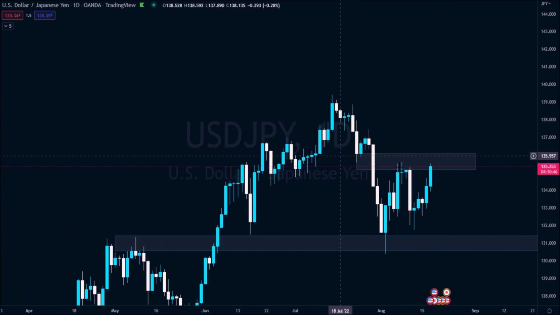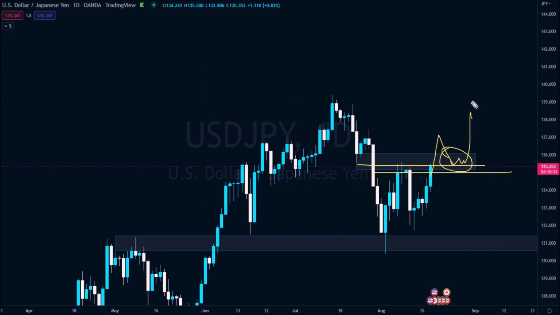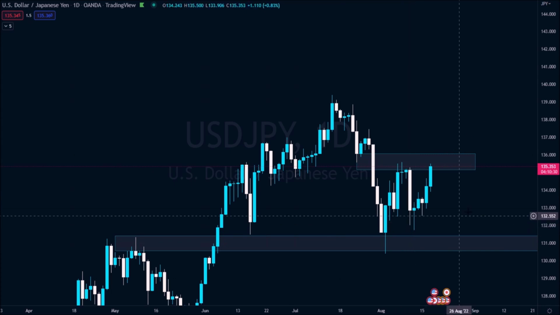But at the moment we are coming into an area where we sold off before, and you don't really want to be long straight into that area. I would rather wait for a break and then use this as a shelf to go higher. So that's really all that I'm looking at.